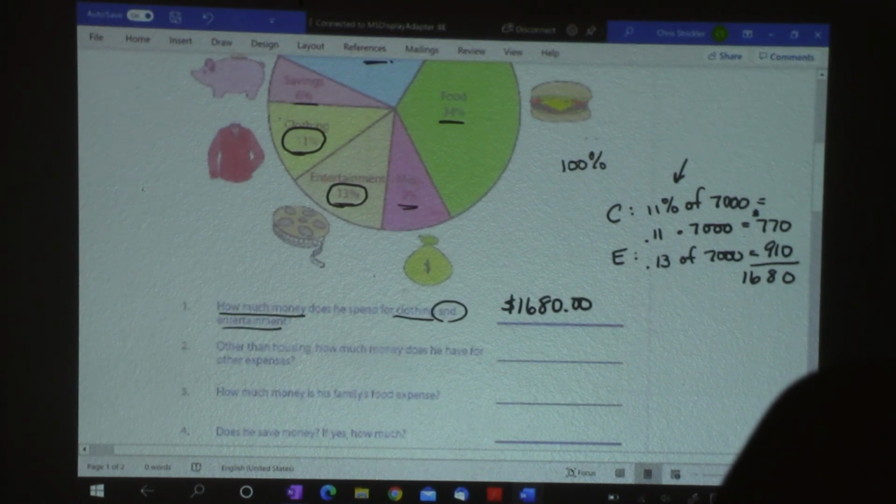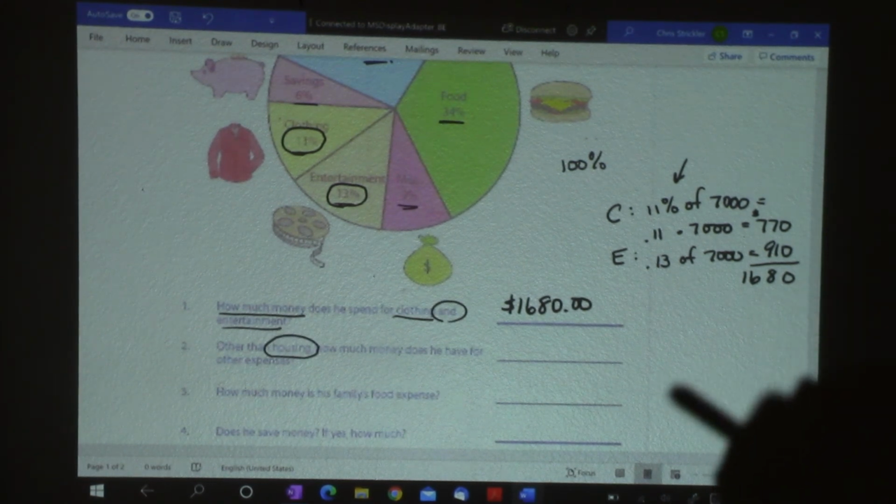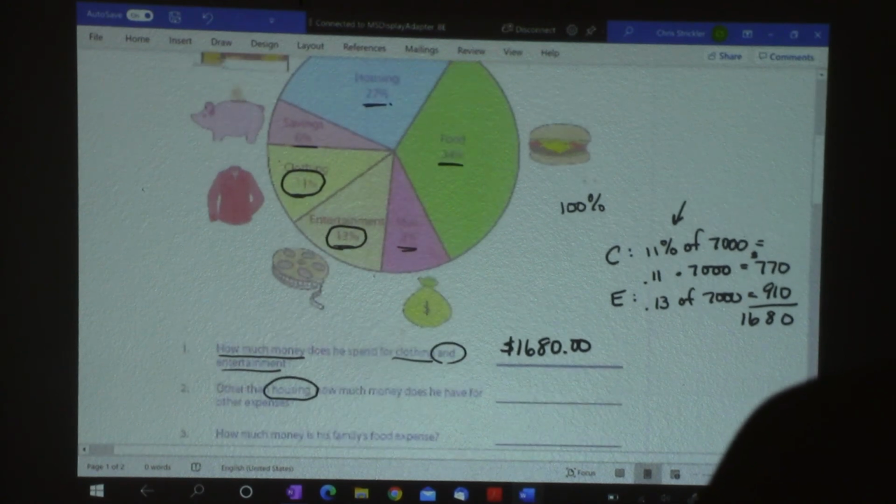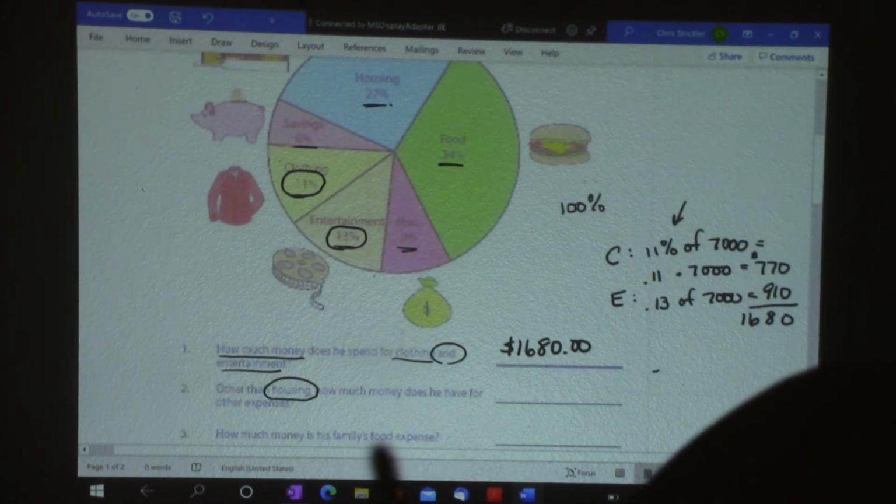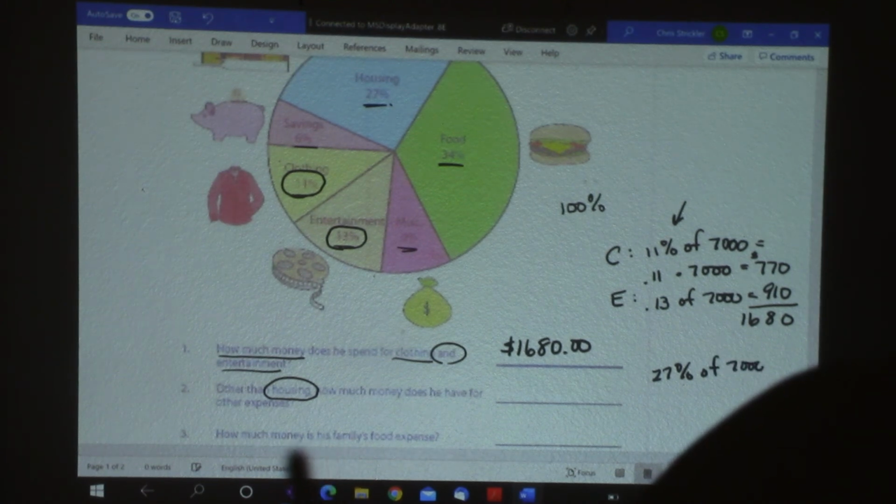Other than housing, how much money does he have for other expenses? So I want to know everything except housing. If I take the whole thing and subtract housing, I'll know what everything else is. So let's figure out how much he uses for housing. I have 27% of 7,000.